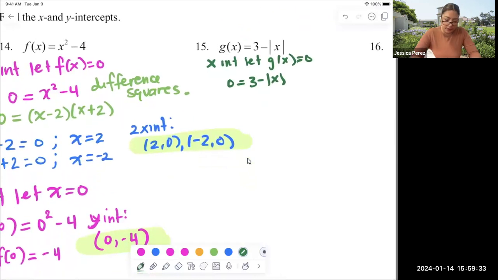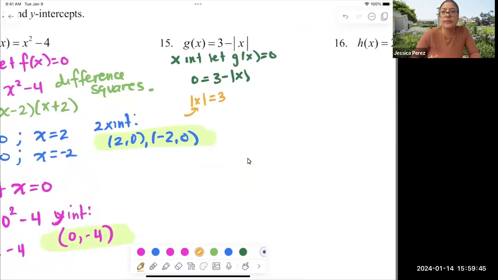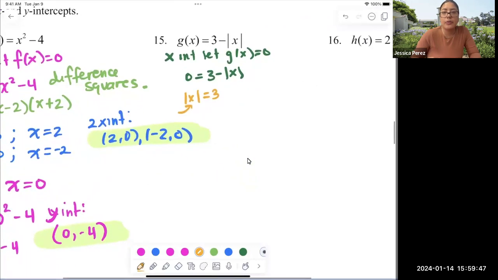And if we want to solve for the absolute value, we have the absolute value of x equals 3. So what can the inside of this function be? This is saying that the distance away from 0 is a positive 3. So then x can be equal to 3 or negative 3.